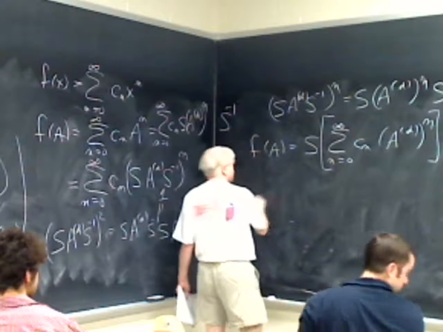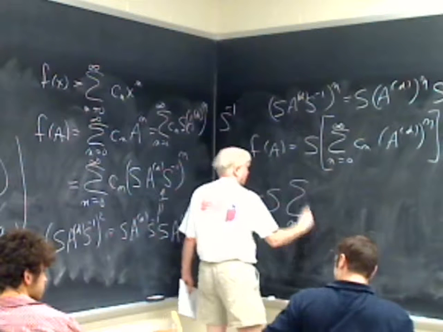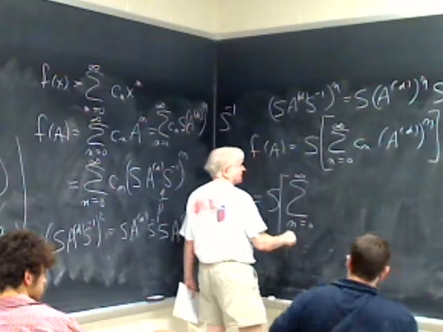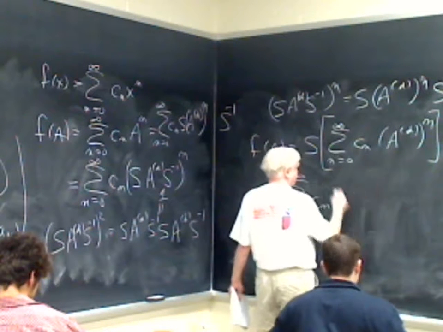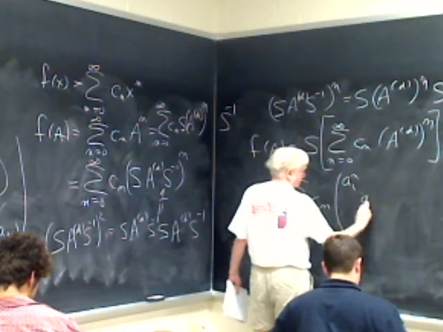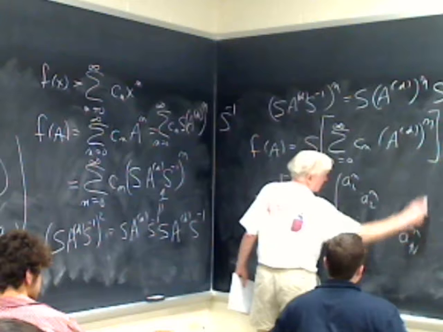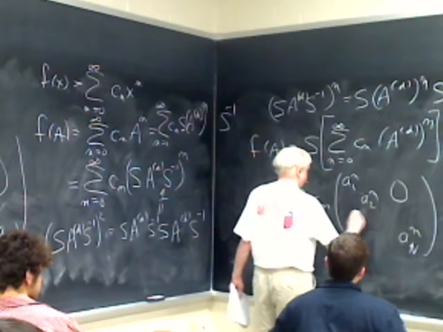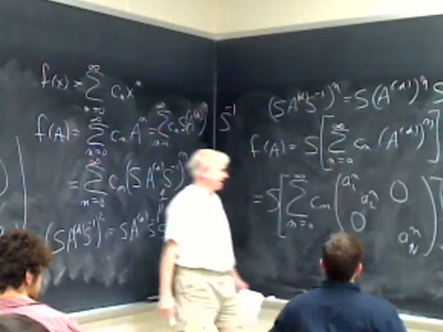But on the other hand, what this thing is, S sum n equals 0 to infinity c sub n. Now, A diagonal to the n is just a matrix a1 to the n, a2 to the n, a capital N to the n, zeros, S inverse.